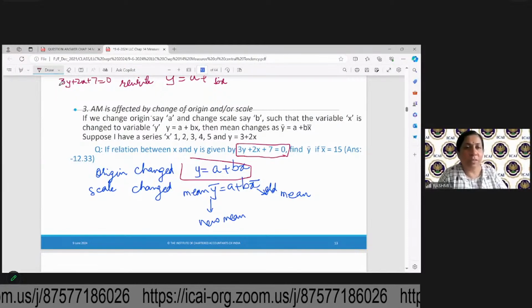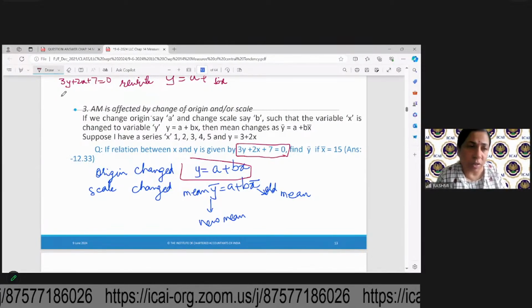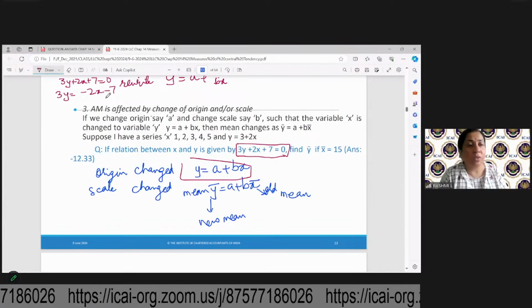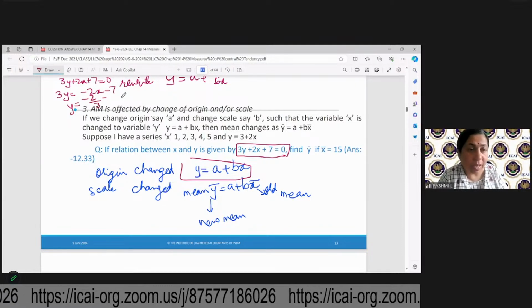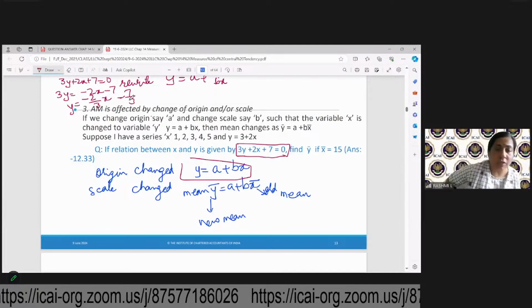So I need y on the left hand side. I will write 3y is equal to minus 2x minus 7. Now y will be equal to minus 2 by 3 x minus 7 by 3. So this is the way to rewrite.